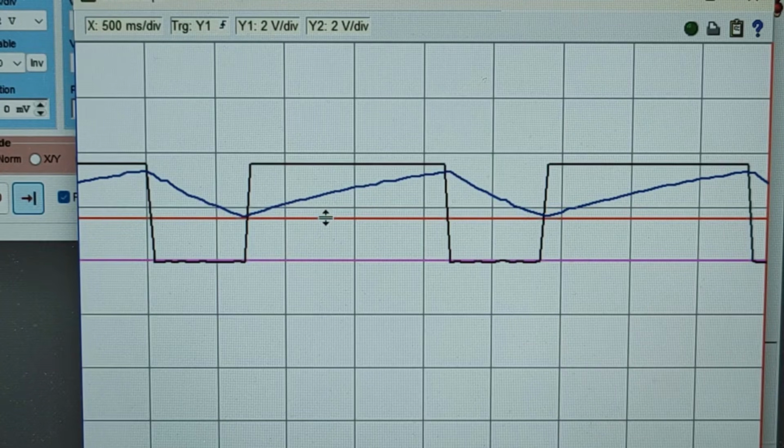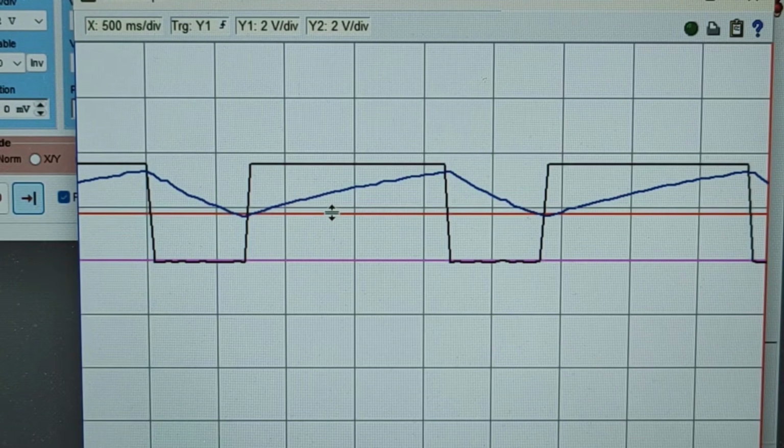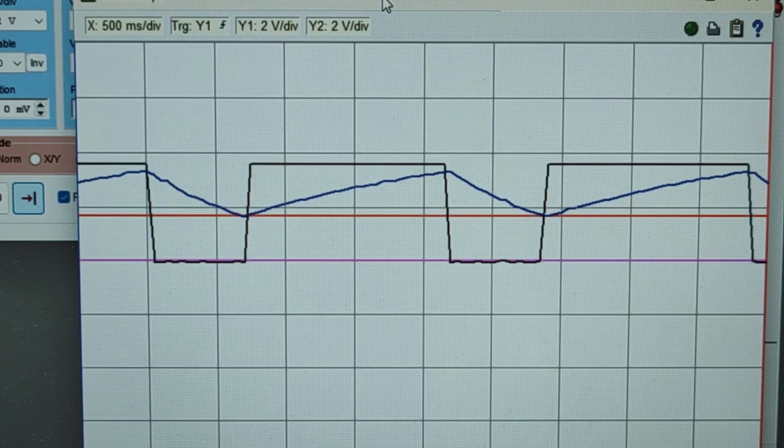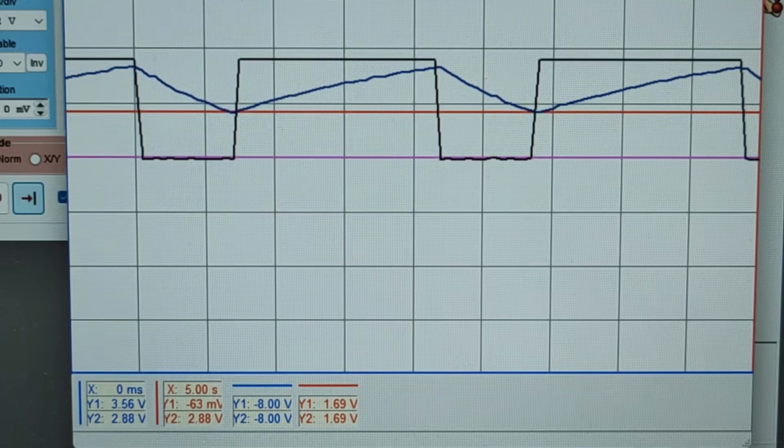Let me put it on the lower part, there. Now let us check the position of that red cursor. See, it says here 1.69 volts. That's approximately 1/3 of the supply voltage, which is 5 volts.